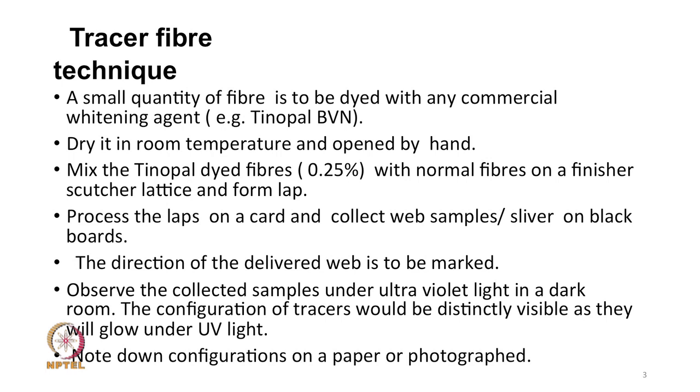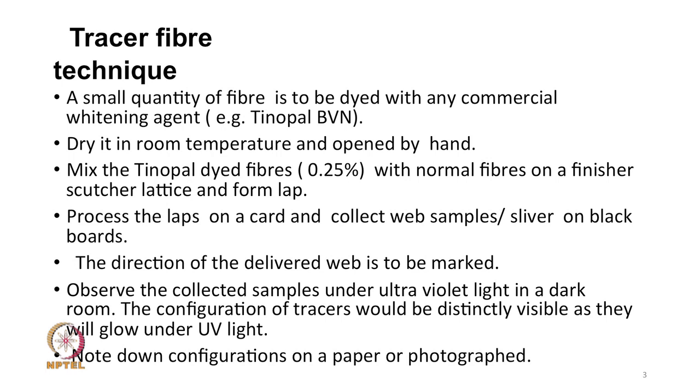It is not dyed fiber, these are tracer fibers, placed on a finisher scotcher lattice, and then we have to form a lap, so that all these tracer fibers get mixed up with the rest of the fibers, and then a lap is produced. So, this one is tracer fibers, not dyed fibers.